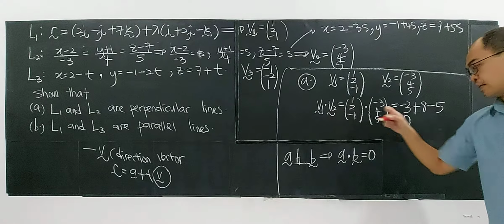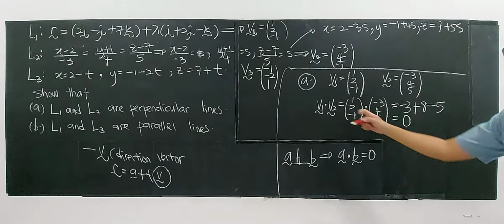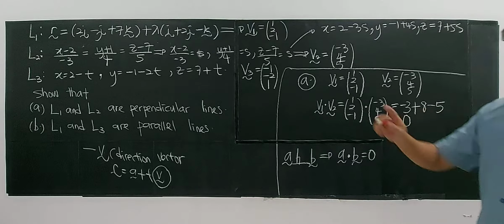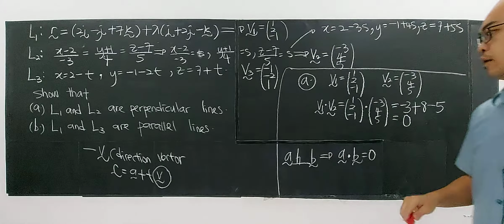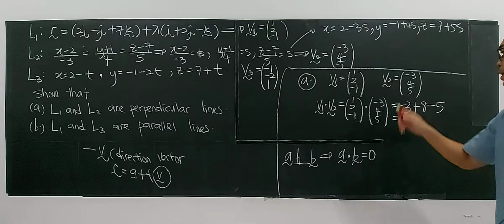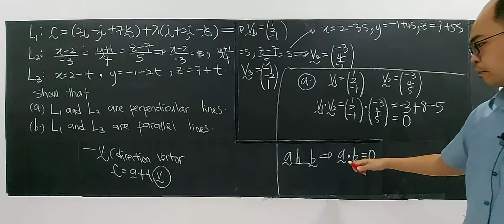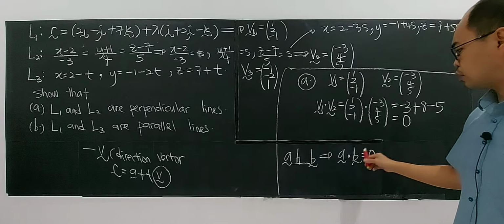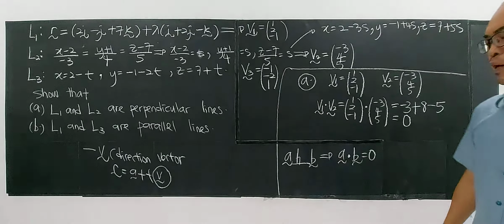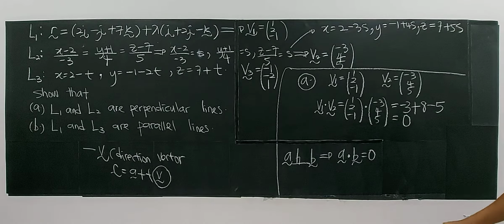If the dot product is not zero, this shows that the lines are not perpendicular. But because the dot product of these direction vectors gives us 0, by this concept, if a dot b is 0, then a and b are perpendicular to each other, which means the lines are perpendicular to each other.